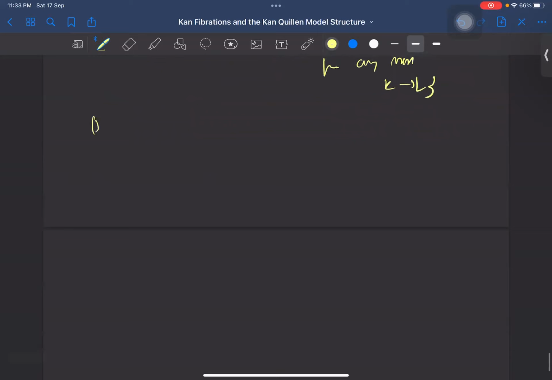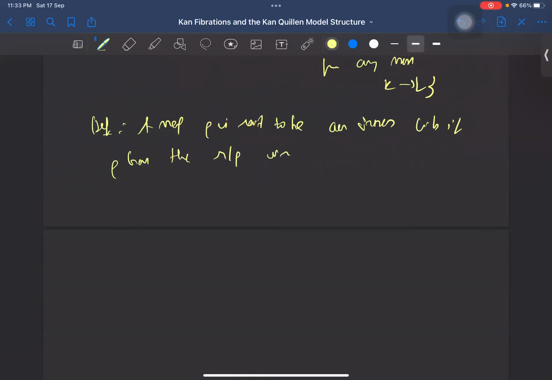Now I'll define the inner fibrations. A map P is said to be an inner fibration if it has the right lifting property with respect to the saturated class generated by horn inclusions, which is the class of anodyne extensions.